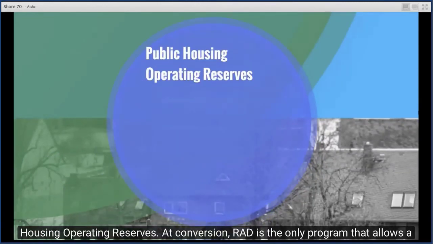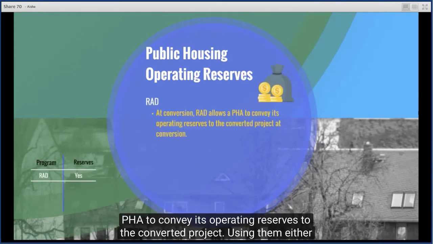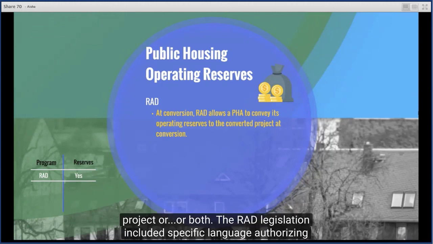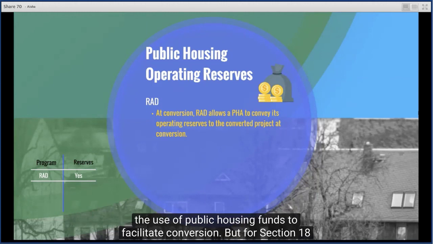Public housing operating reserves. At conversion, RAD is the only program that allows a PHA to convey its operating reserves to the converted project, using them either as a development budget source or to establish a reserve for the converted project, or both. The RAD legislation included specific language authorizing the use of public housing funds to facilitate conversion.